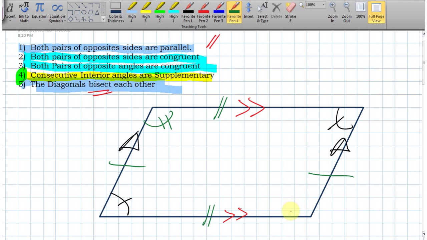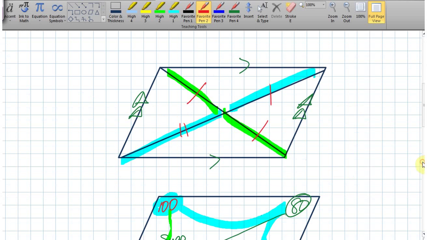And this set of angles, they have to be congruent as well. The 4th one is talking about supplementary angles and same side interior. So if I make up this angle to be 120, this is going to be 120 because they're opposite angles that are congruent. But that forces this angle and this angle to be 60 degrees.